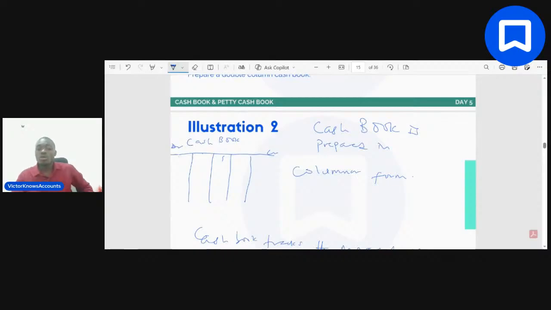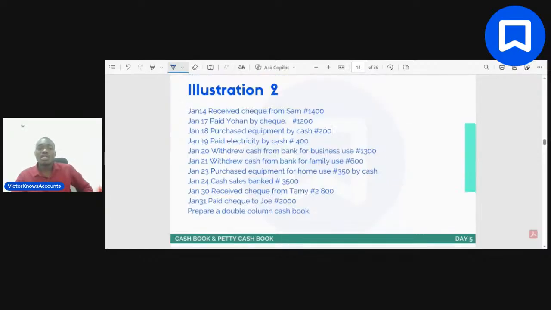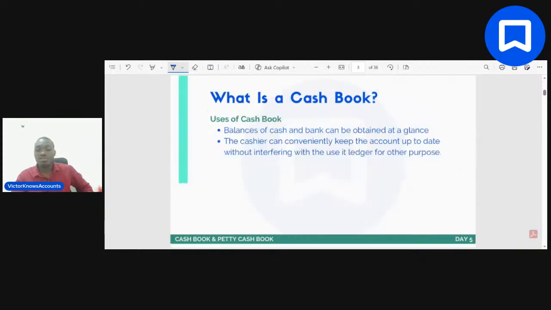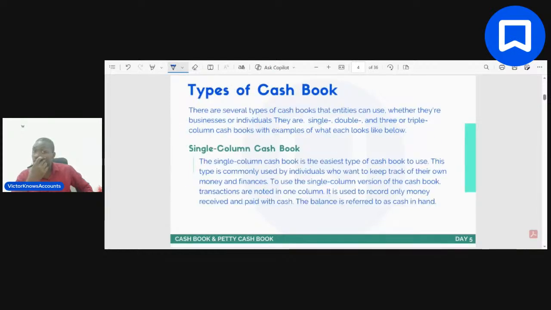Now, that takes us back to types of cash book. The reason I had to explain that initially is because when you are talking about types of cash book, you're actually talking about how many columns your cash book has, because the major difference between cash books is the number of columns.